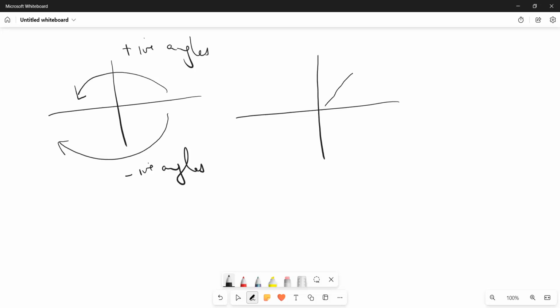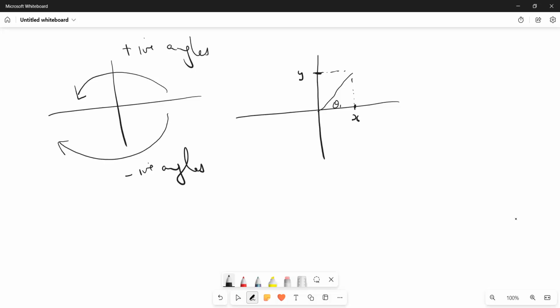It's in the fourth quadrant. The associated x coordinate is there, and the associated y coordinate is there.